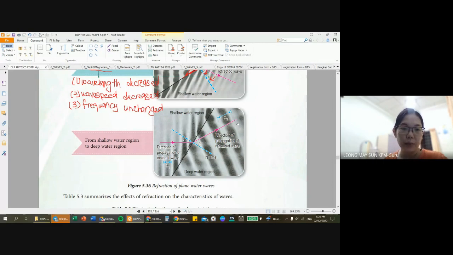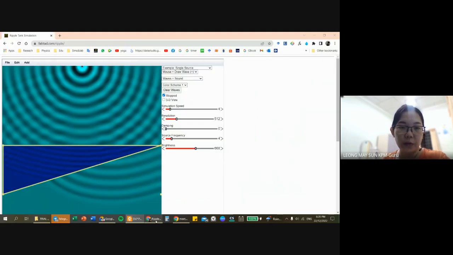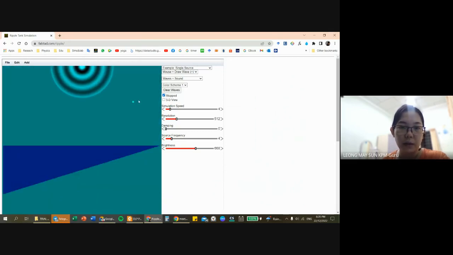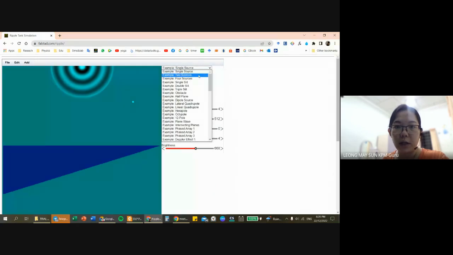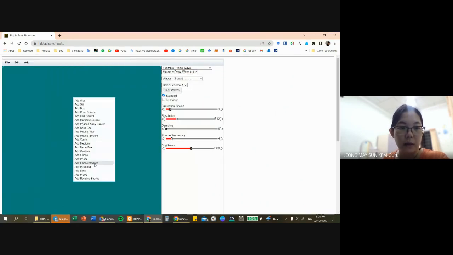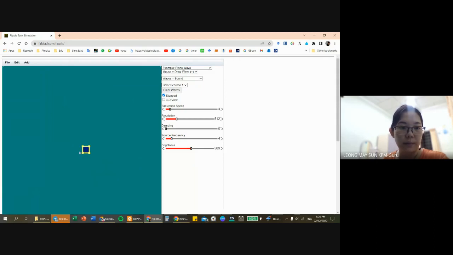Okay, so now we'll look into shallow region moving into deep region. In order to clarify your view, I'll just use plane wavefronts and I'll just use a medium.